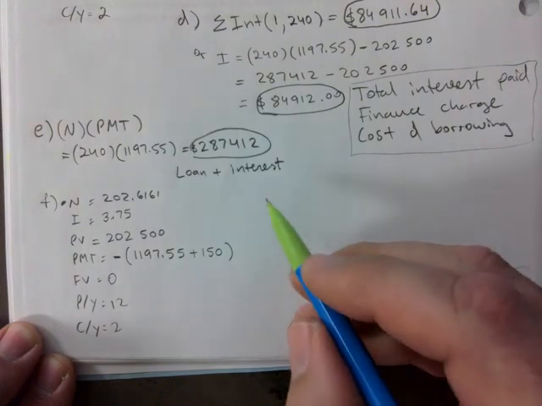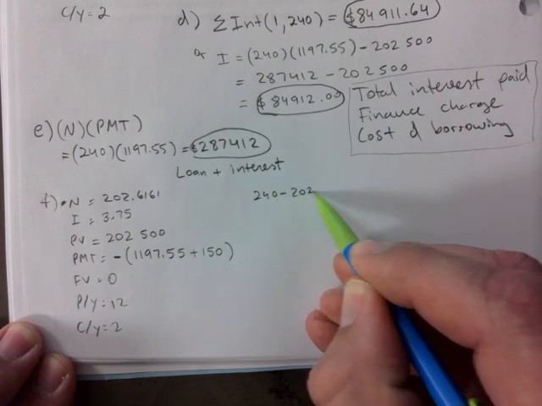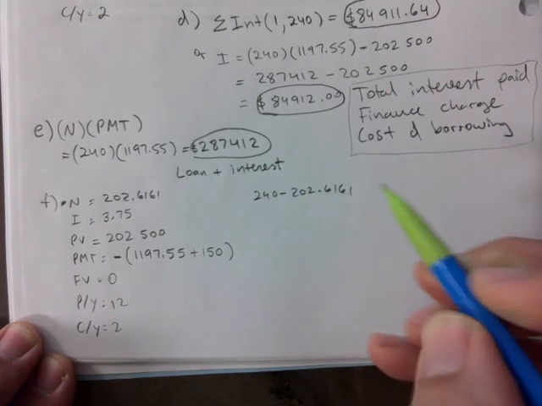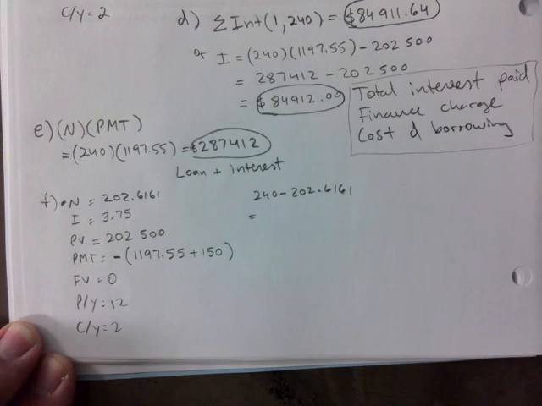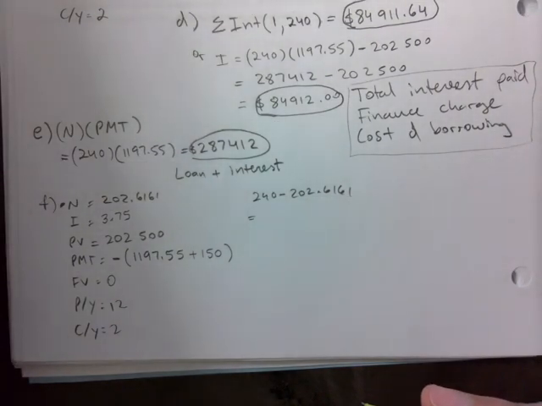So think about it this way. You go 240 minus 202.6161, and that is, I said 150, right?